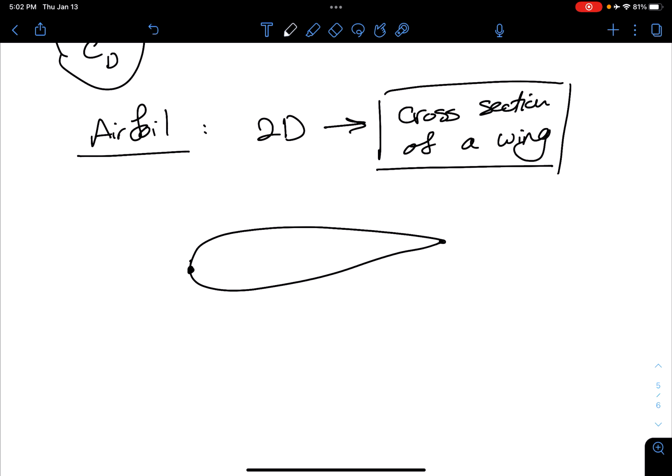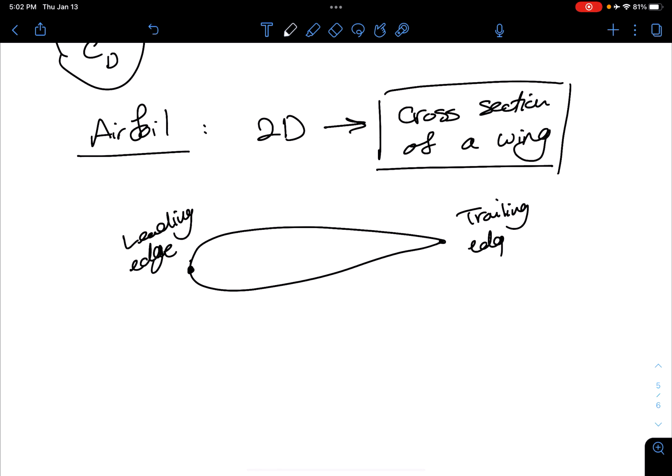That's why I asked. That is not the chord line. So a chord line is the closest distance between the leading edge and the trailing edge.